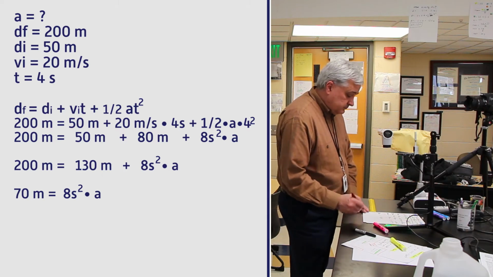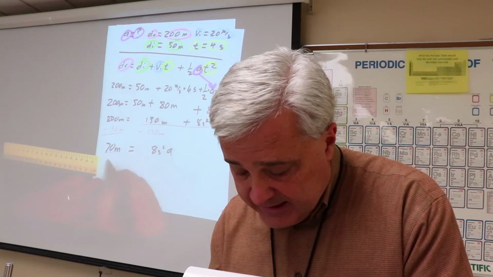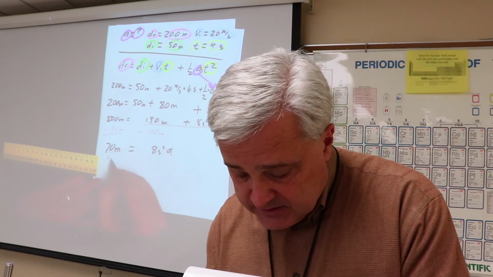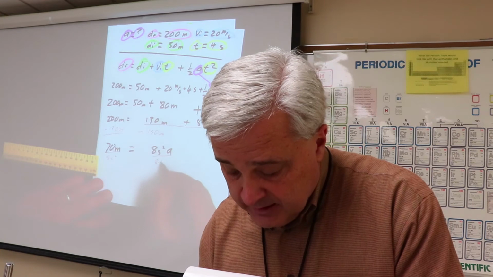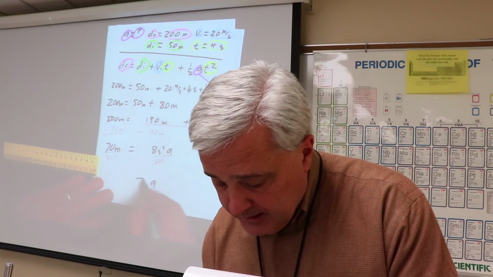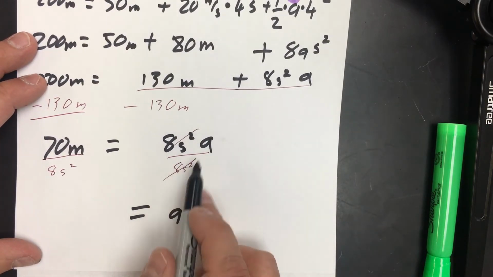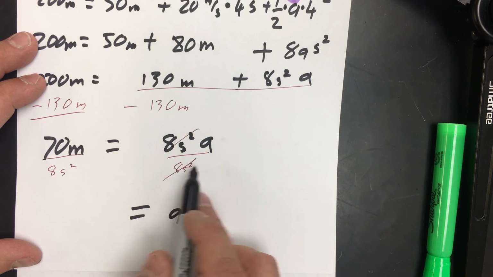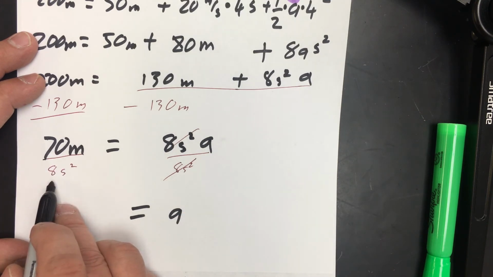Now we divide. We're going to divide both sides by 8 seconds squared. That's going to cancel, leaving us with a equals 70 divided by 8.